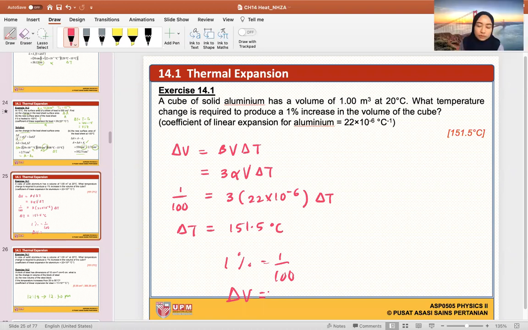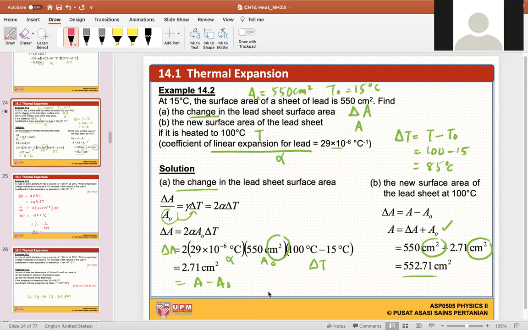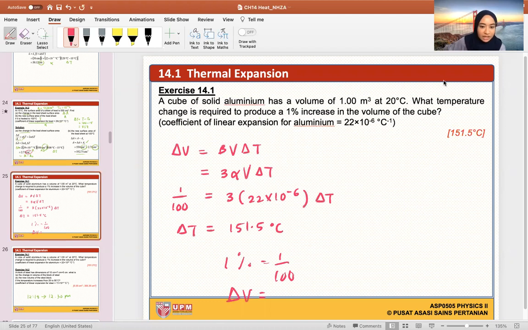Okay, contoh tadi kita cakap pasal change in surface area A. Yang ni dalam sentimeter square, right? Kat sini awak kasih saya benda yang tak ada unit. What is the change in volume?